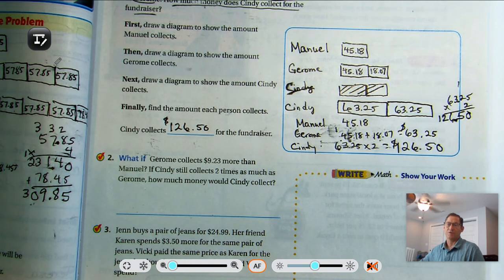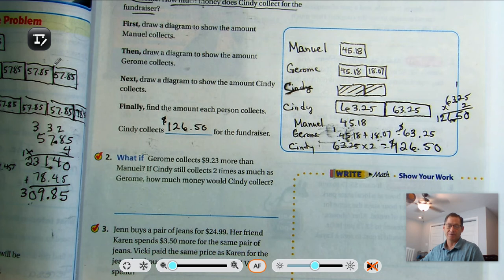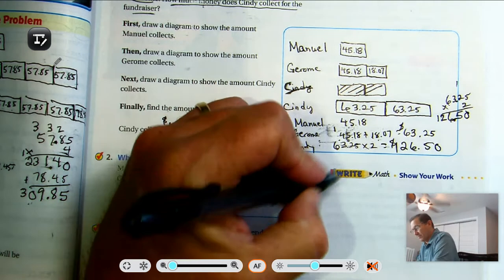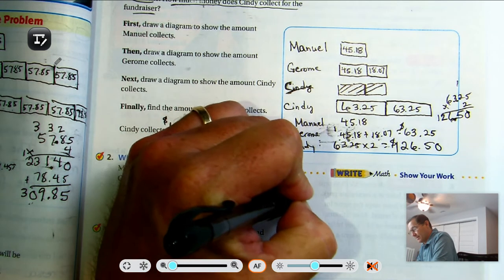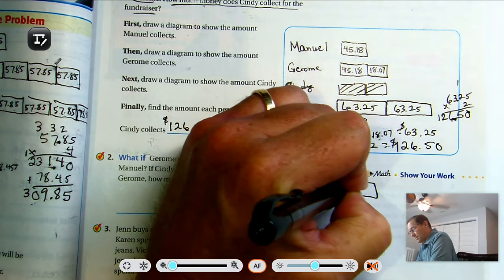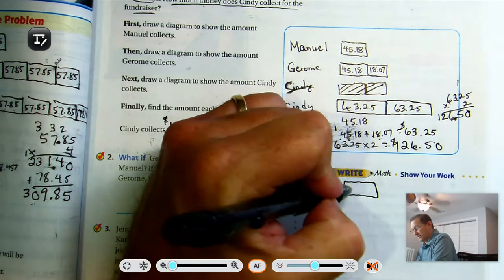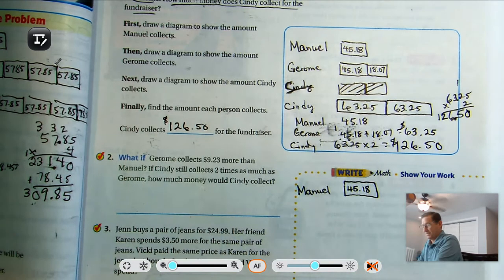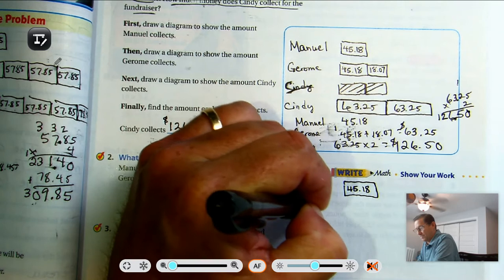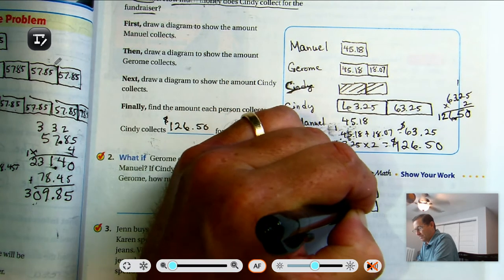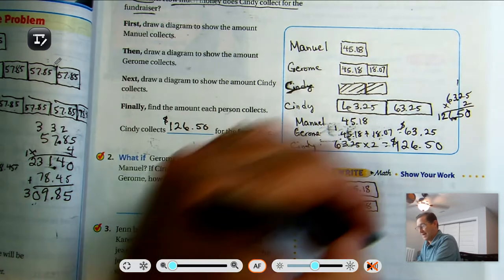What if Jerome collects $9.23 more than Manuel? But Cindy still collects twice as much. How much money would Cindy collect? Well, so the math is still the same, right? For the most part. Manuel still collected $45.18, but this time Jerome only collected $9.23 more.